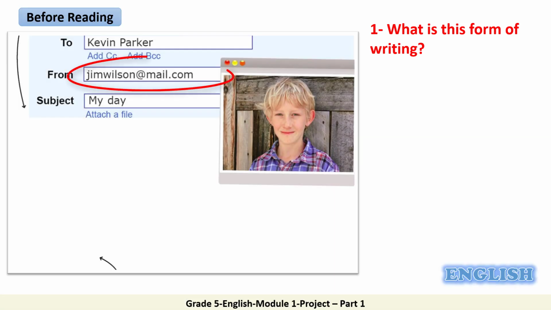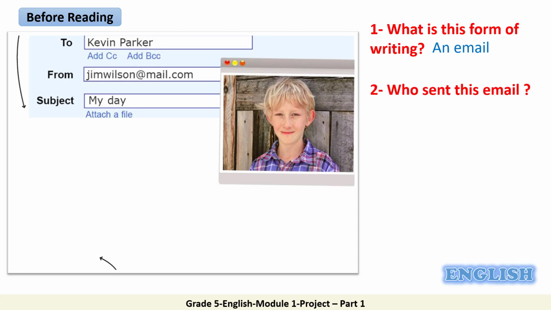Just have a look at this. Look at this ending. What does this ending refer to, my friends? Yeah, we've studied this before. This is an email. So this whole piece of writing, my friends, is an email sent from one to another.